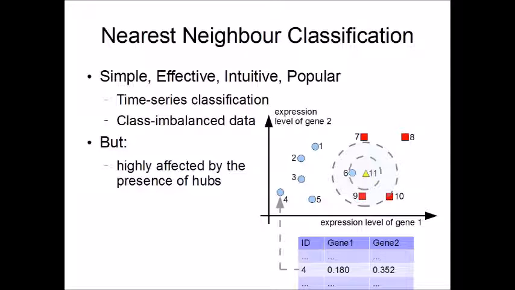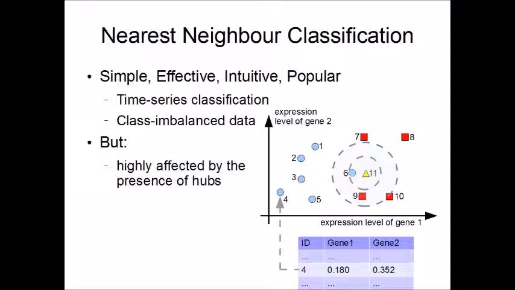However, as we will show in the upcoming lecture, nearest neighbor classifiers are affected by the presence of so-called hubs, that is, instances which surprisingly frequently appear as nearest neighbors of other instances. The presence of hubs has been shown to be related to the dimensionality of the data.